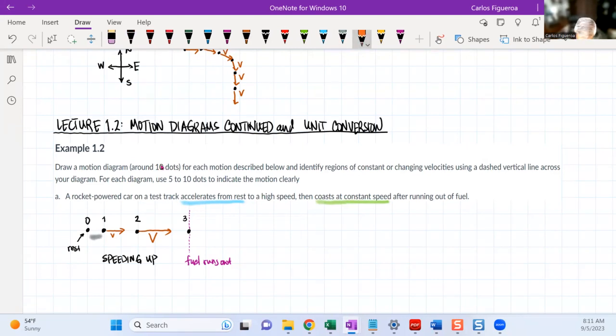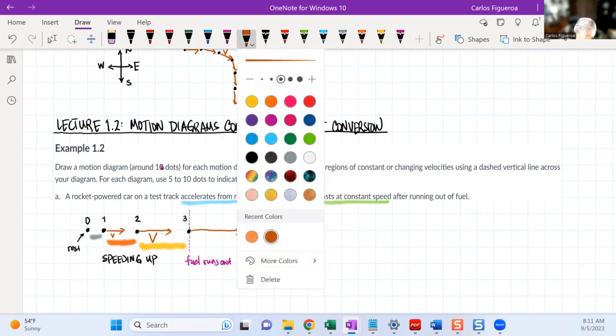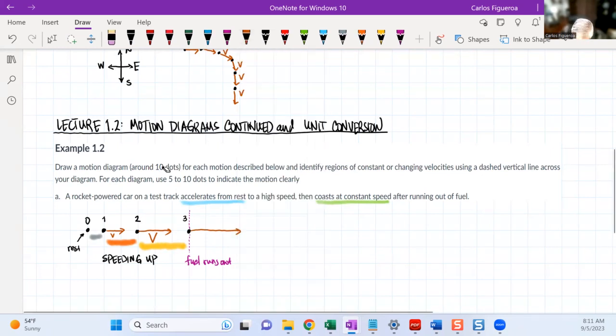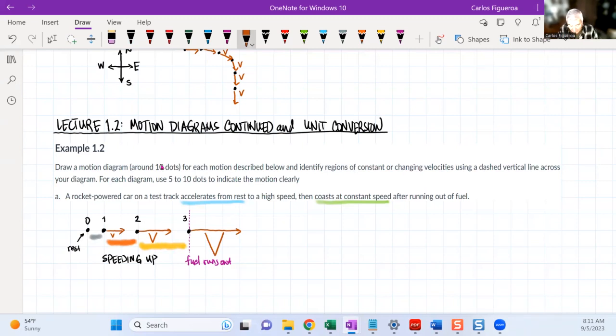Then I look at the next interval, from here to here, that's 2 squares. And if I look at this interval, you could see that this interval is even longer. So therefore, my velocity at 3 has to be larger. So now I see here that my speed is higher.